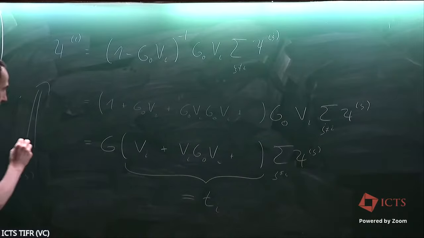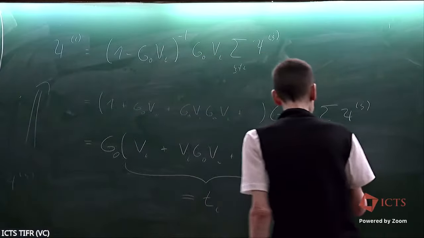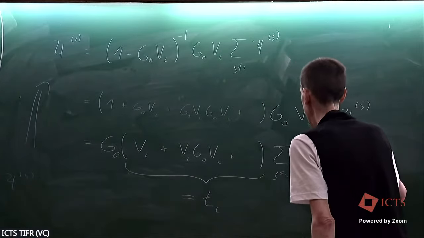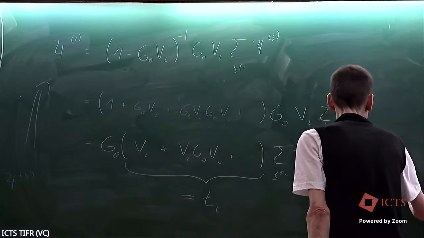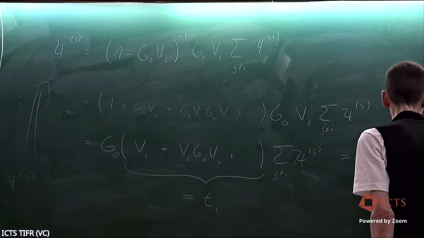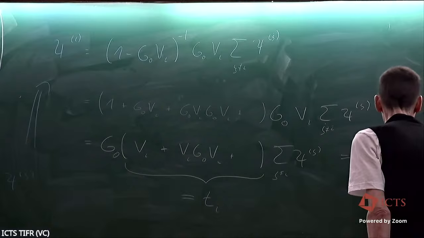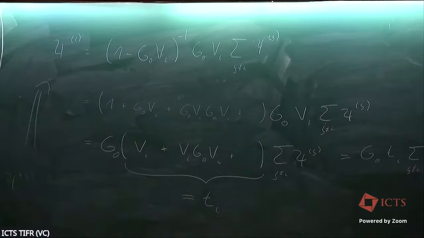And this is G naught. So this gives us the equation G naught, TI, and then the sum over J. And what I've done here is now just, I've re-derived this part of the equation.